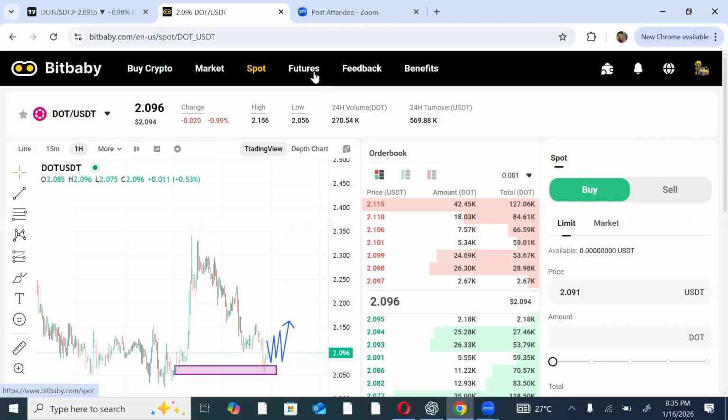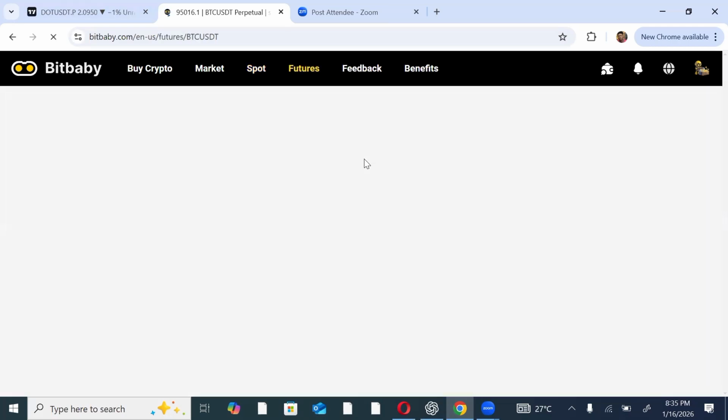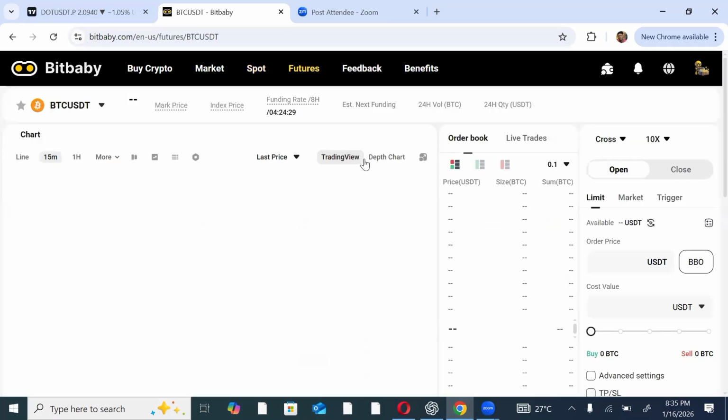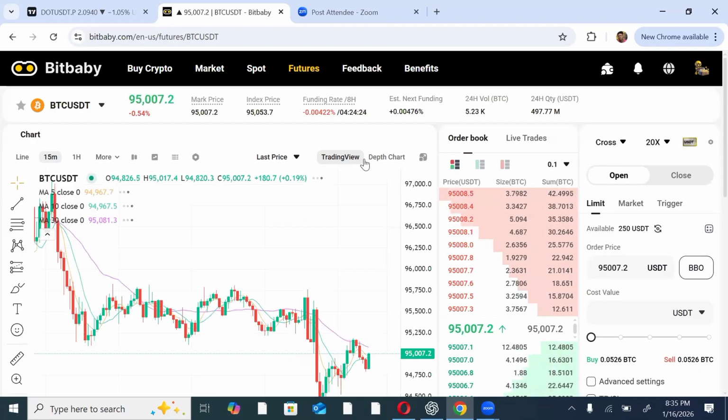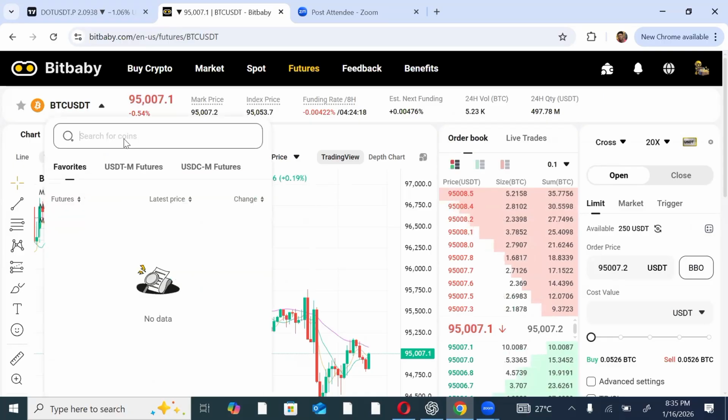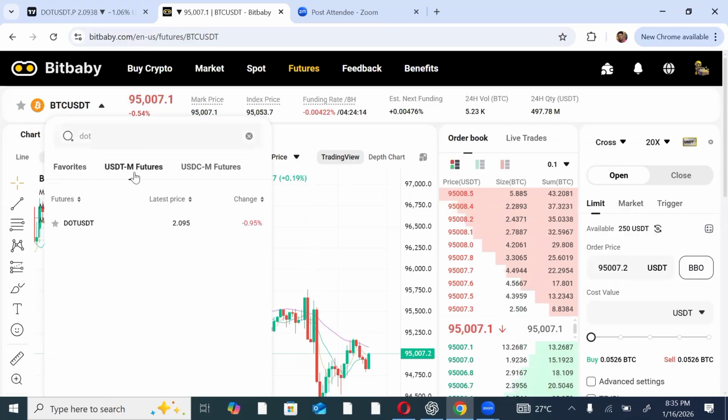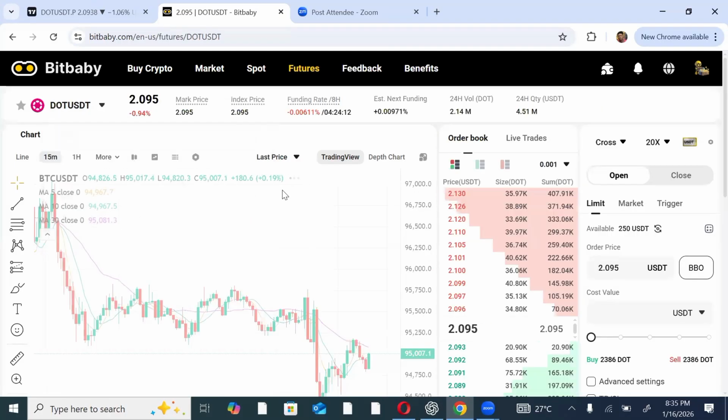So let's go back to futures right now. Let's see what we can do to take a trade on this asset. The same DOT is what I'm still talking about. DOT, that's Polkadot.